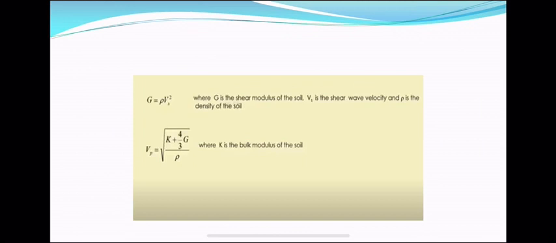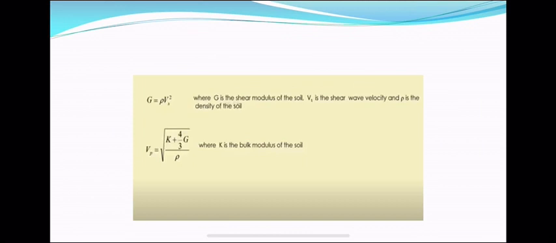If I know the unit weight and g, we can take g as 10 meter per second squared, and use it with the velocity Vs that you are getting. So if you know the velocity and the density, then we can determine the shear modulus of the soil.